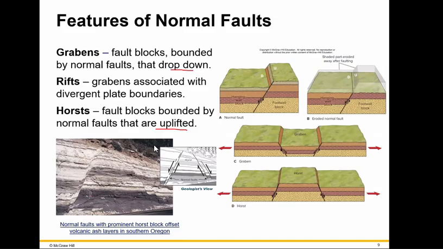And you can clearly see, from the schematic here, that this block has moved up relative to this one. You know that because when you try to trace the bed, you can clearly see that there's been some sort of displacement on the beds.